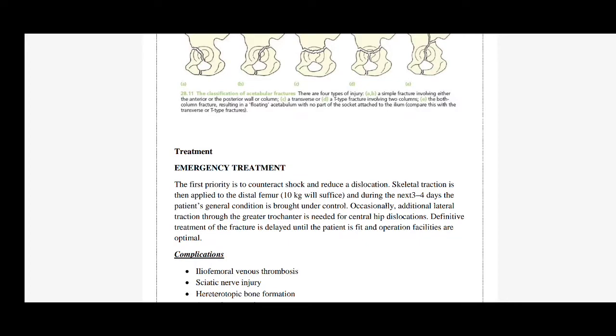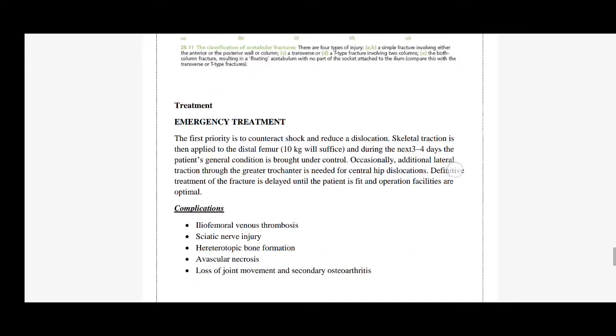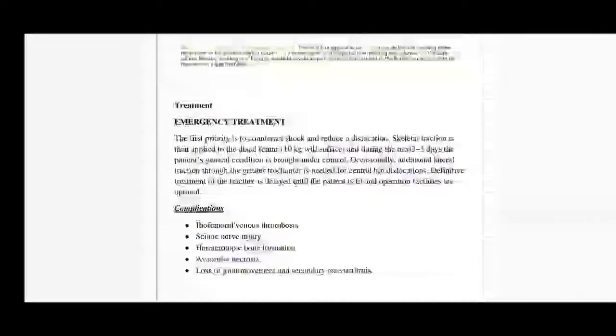The definitive treatment should be delayed until the patient is okay, and shouldn't pass 2 to 3 weeks, because later on it is difficult to manage acetabular injury, especially the displaced type.